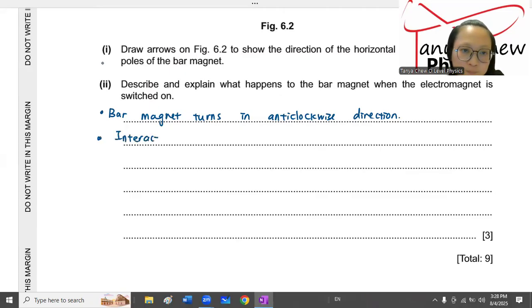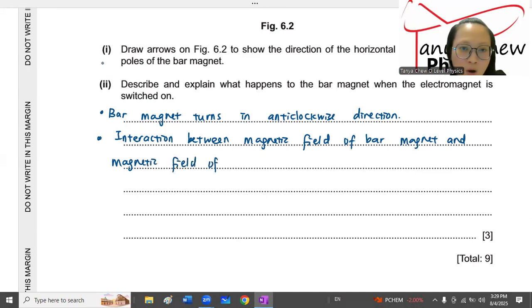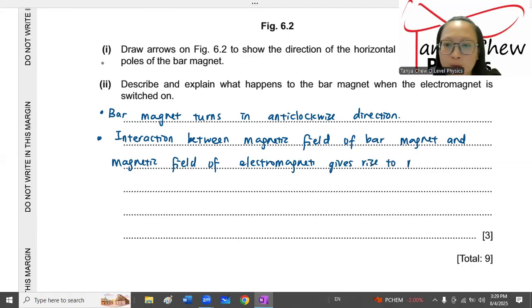Interaction between magnetic field of bar magnet and magnetic field of electromagnet gives rise to magnetic force.